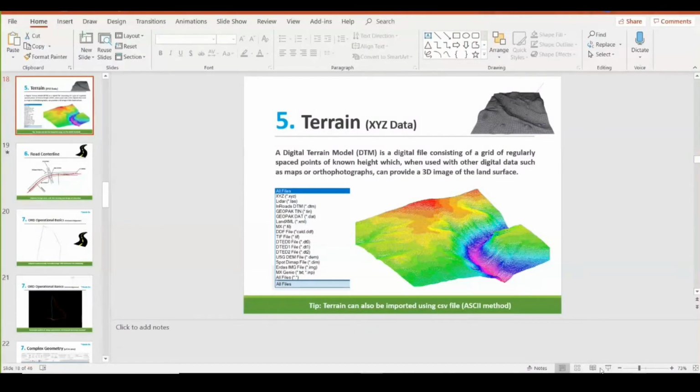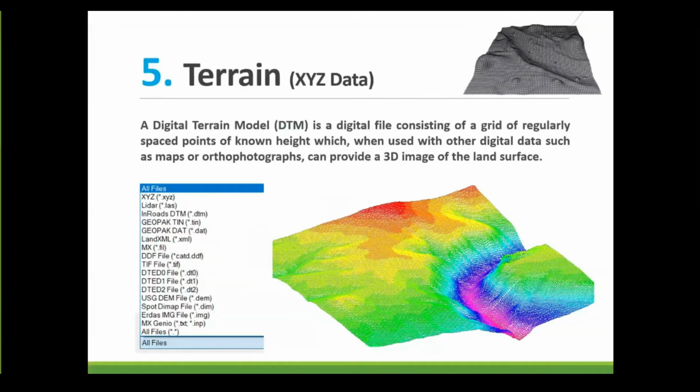This slide shows that your digital terrain model can be made directly by importing file formats such as XYZ, LAF, BTM, TIN, DAT, LAN XML, model.py file of MX, and TIFF. So these are approximately 12 to 14 file formats which you can directly use to create your terrain by simply importing them.